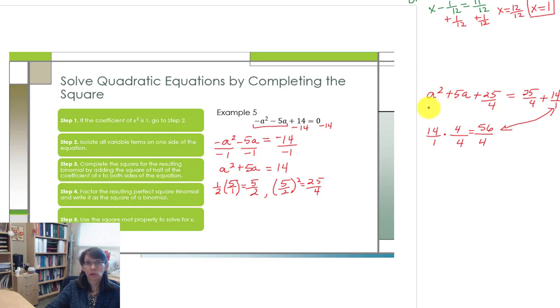So let's go ahead and do our factoring. On the left-hand side, we're going to have our quantity squared, and our middle term, remember, is going to be 5/2, and since it's positive, it's plus 5/2. So a plus 5/2 quantity squared now equals 56/4 plus 25/4.